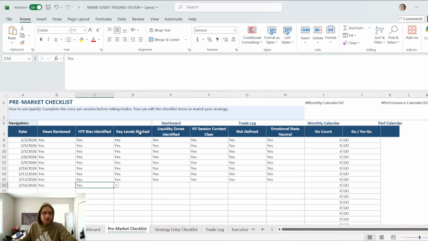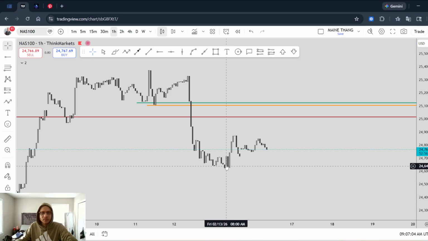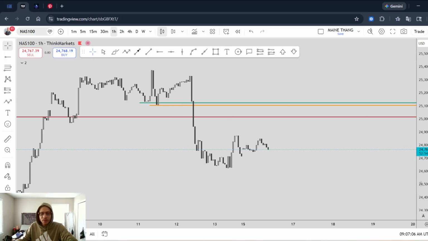Identify the higher time frame. We marked up our levels, liquidity zones identified. Again, for me that's just my target area, so I might change this so it doesn't confuse people. So I'm looking for a sell.